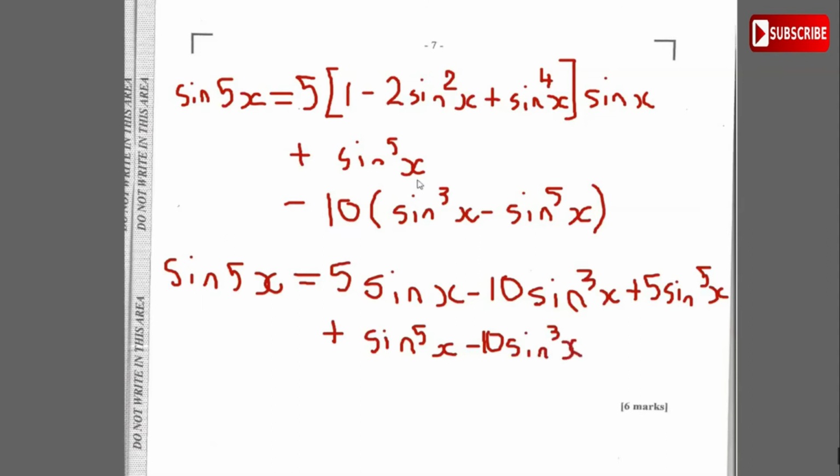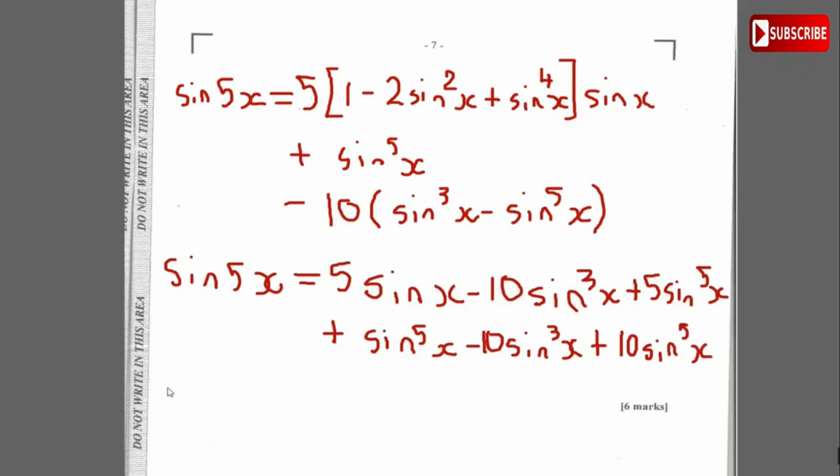Then we have minus 10 times minus sine to the 5th. That's just plus 10 sine to the 5th of x.